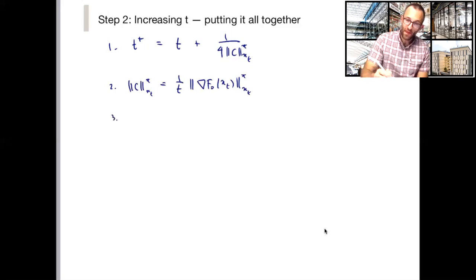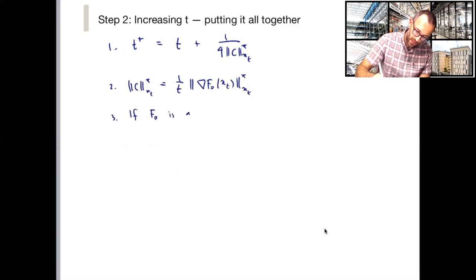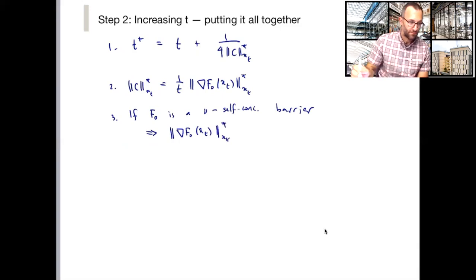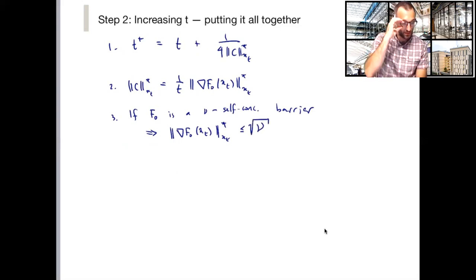And then if f0 happens to be a nu self-concordant barrier, then we saw that the gradient of f0 at xt, in other words, the gradient of c, is bounded above by square root of nu. This is a calculation we did on the previous slide.